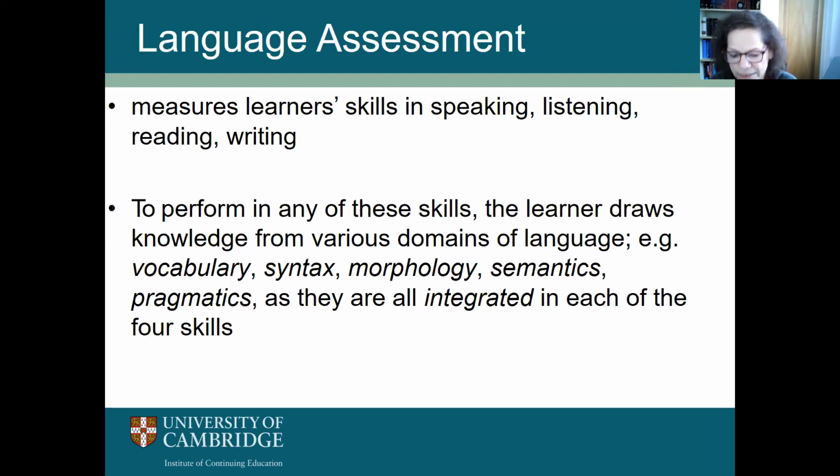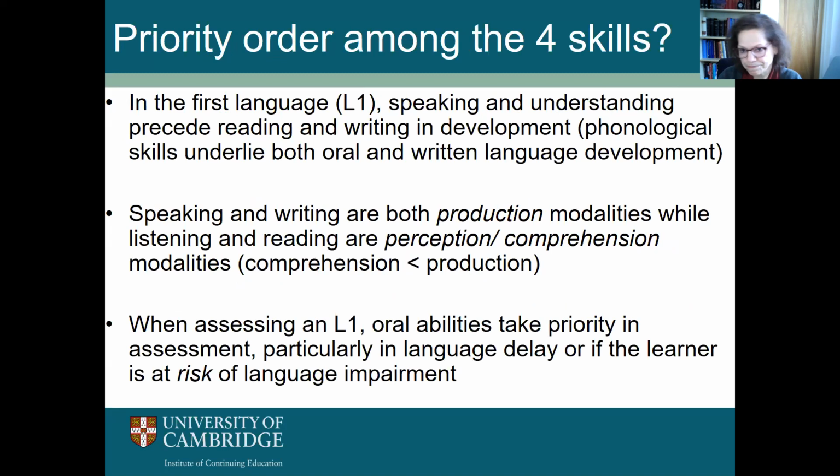So although there are general principles underlying pragmatic use of language, each language has its own, let's say, pragmatic idiosyncrasies, which learners need to learn. So all of these components are integrated in performance in each of the 4 skills, speaking, listening, reading, and writing.